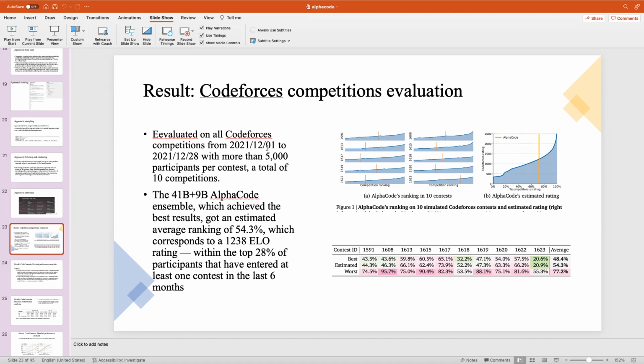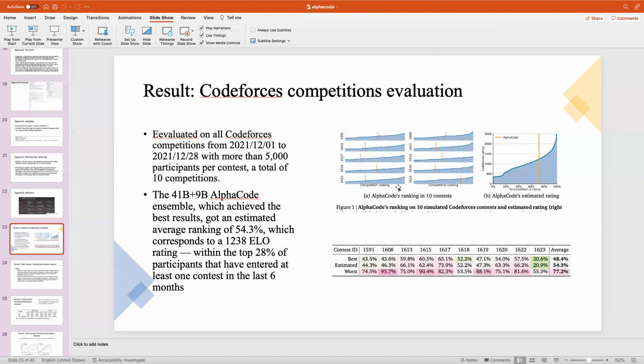So they tried 10 competitions during 2021, and like I said, they use some ensemble models like the 41 billion and 9 billion ensembles, which achieve the best results.